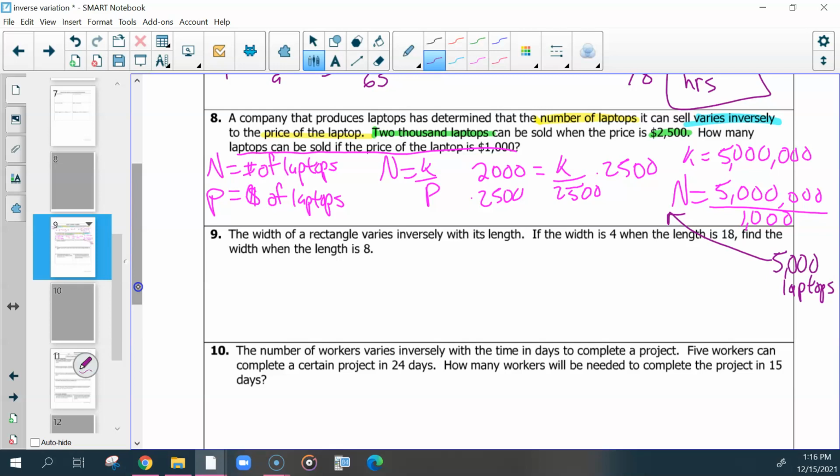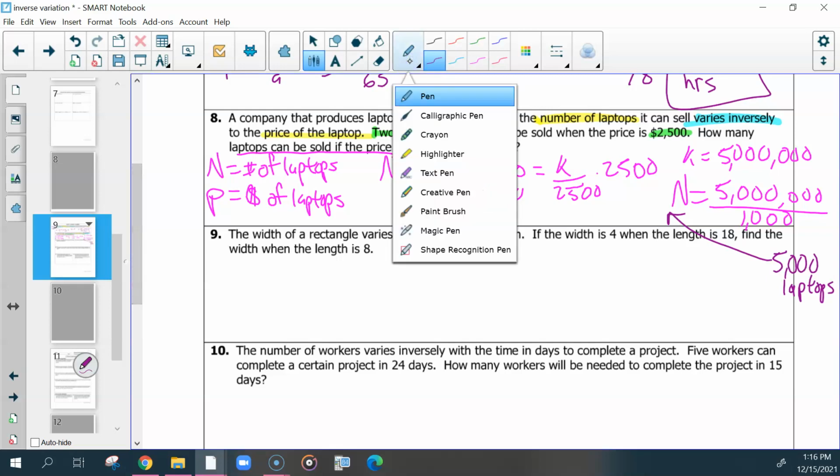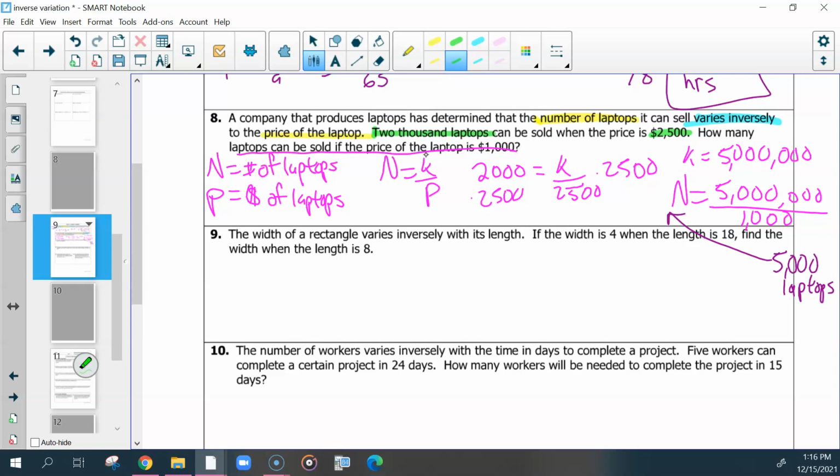The last one we're going to do is going back to the method we talked about earlier for finding missing variables. So with that method, let me read the problem first. The width of a rectangle varies inversely with its length.